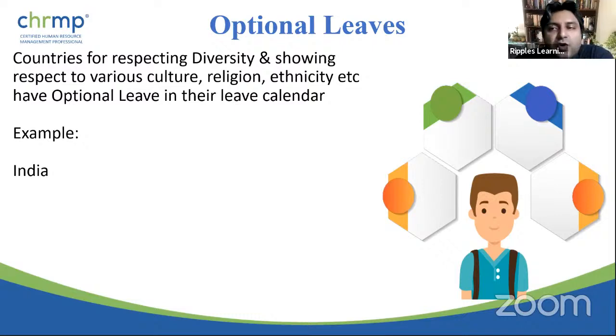So if you're in any country in this world which is seeing a diverse workforce, not necessarily diverse ethnicity of everybody in the country, but places like GCC countries, like Dubai, Abu Dhabi, Riyadh, etc., if they are able to come up with policies which talk about optional leaves, you're not impacting the leaves by increasing the number of days of leave. You're not doing that, right? Let's understand, the days remain the same. It's just that you give people a choice in opting for leaves that matter to them, which is very important. And that is the beauty of optional leaves, right?